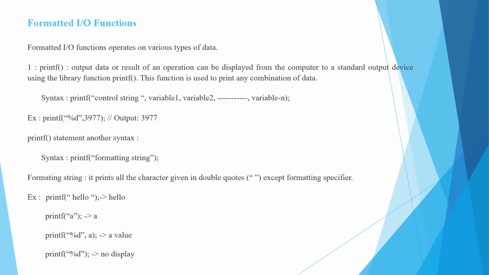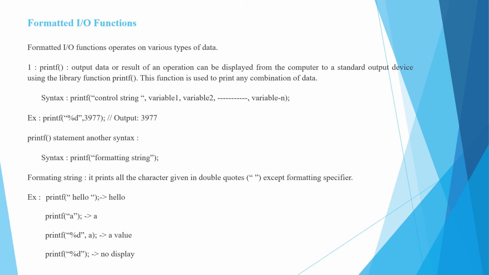These variables are separated by commas, and the control string and the variable list are also separated by a comma, and it ends with a closing bracket and a terminating semicolon. An example is printf percentage d, which is the control string for integer data, and the value is 3977. So the output of this statement is 3977.